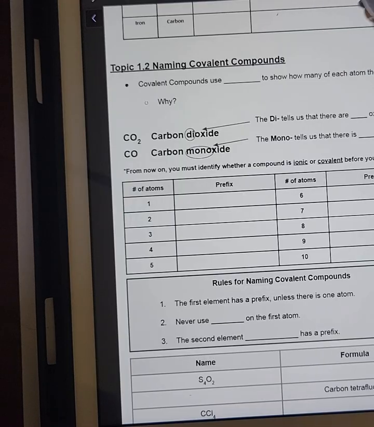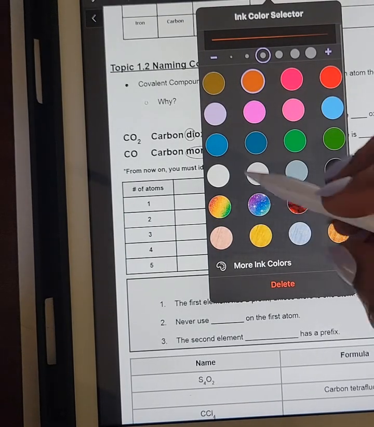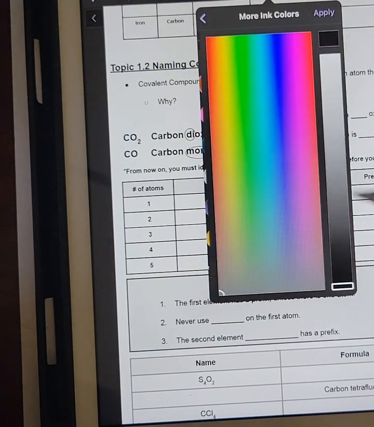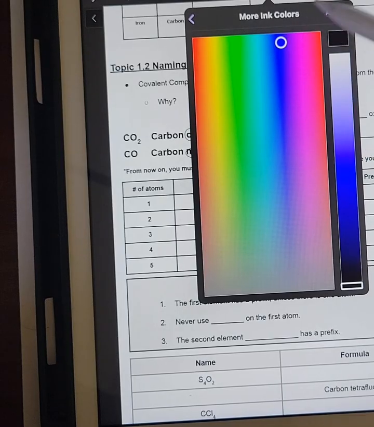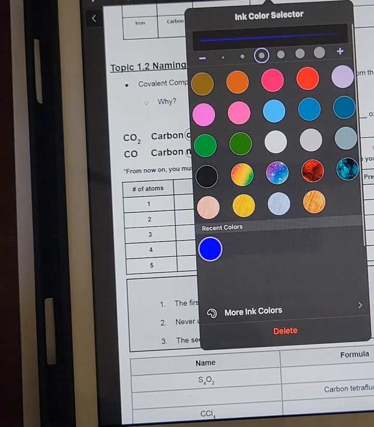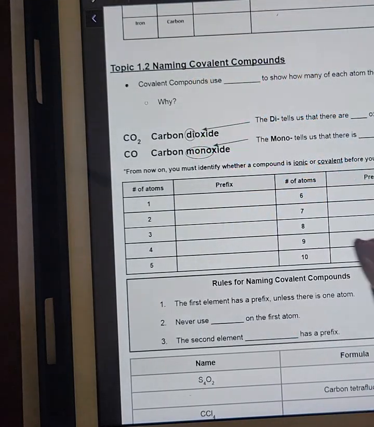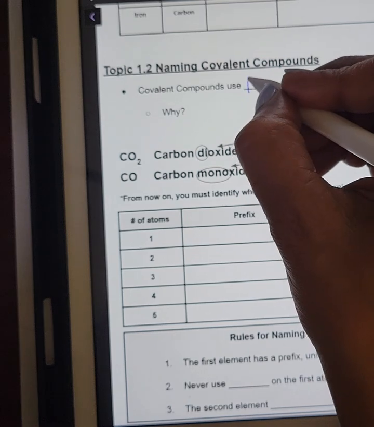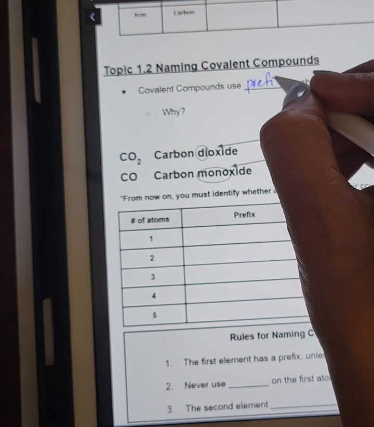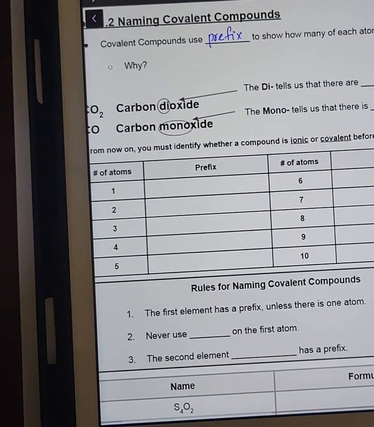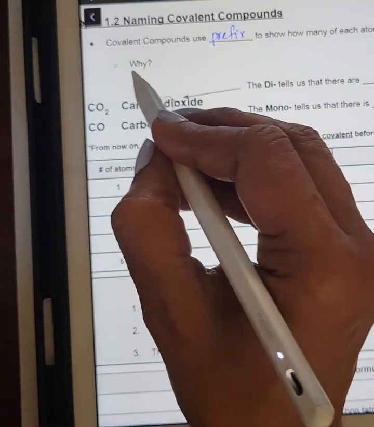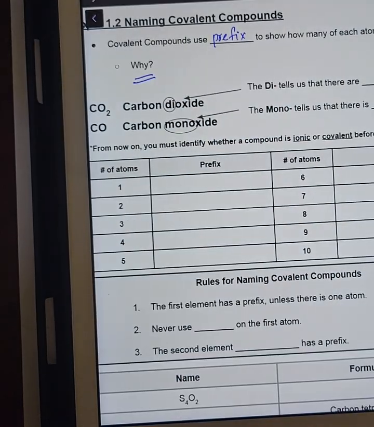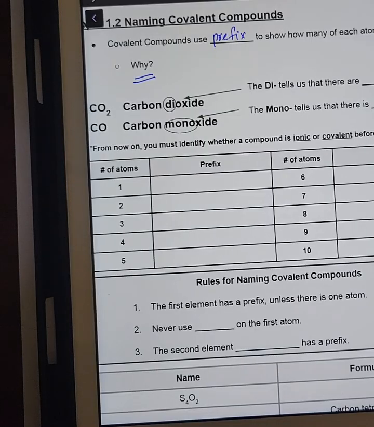But here we don't have charges, so we have to tell others how many of each atom are used. So you will use a prefix to show how many of each atom there are, because they don't have charges, so we don't know how many are there.